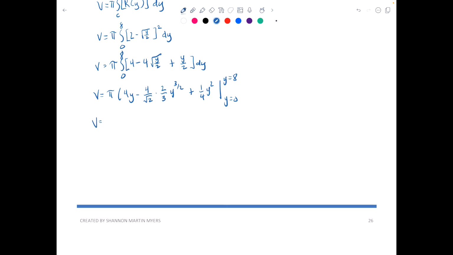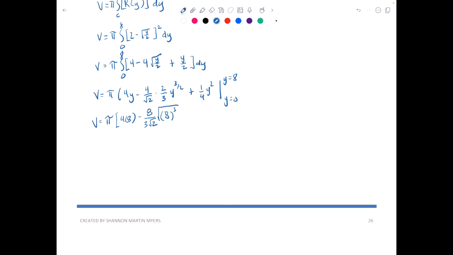So we'll have the volume is pi times 4 times 8 minus 8 over 3 root 2, and then 8 cubed, and then the square root of that.